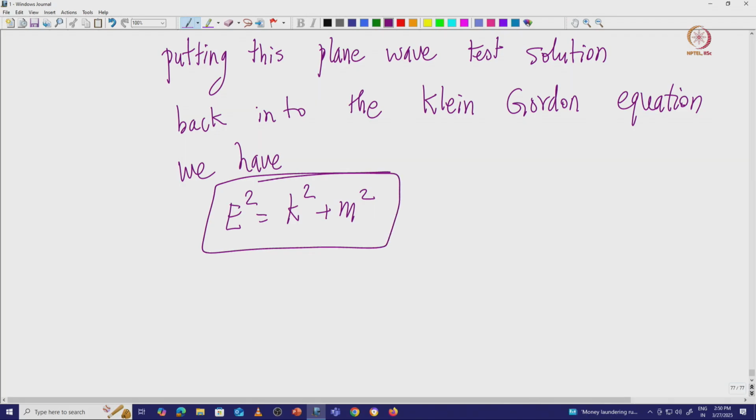So, it satisfies the relativistic energy momentum relation essentially, and E is essentially plus square root of k square plus m square.